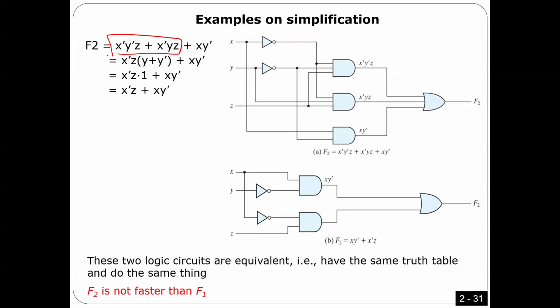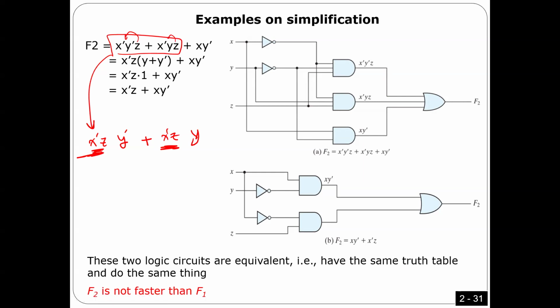I can rewrite this one, because you know ABC is the same as CAB. So I can say this one is actually x prime z y prime, and y. I just moved this one here, and this is okay. And now you know this one is a common factor, so I can take it common.